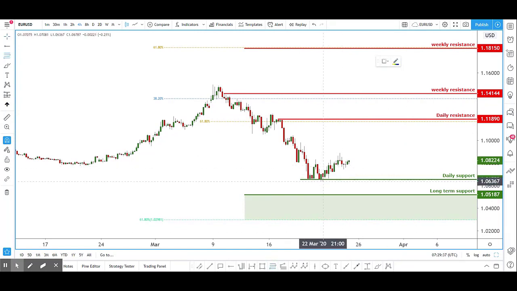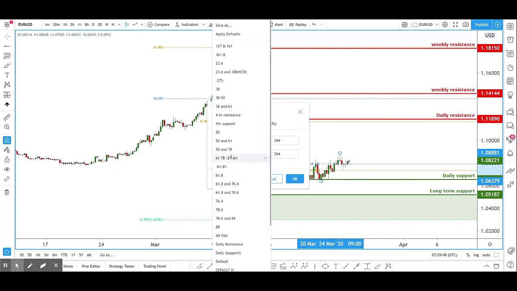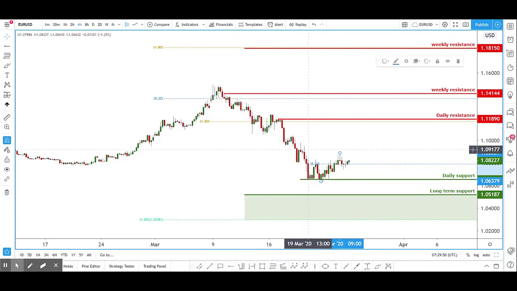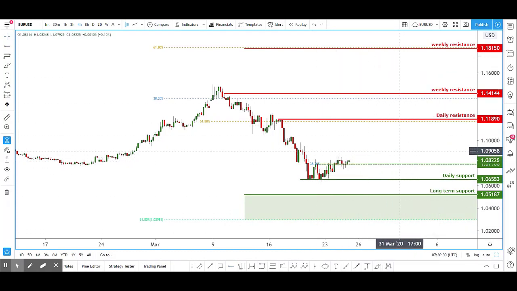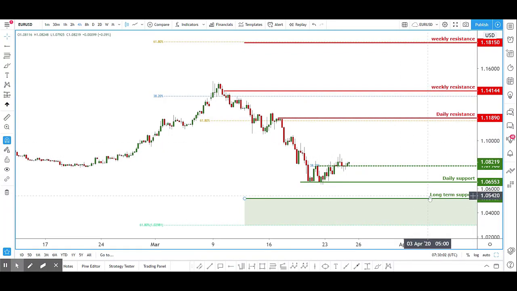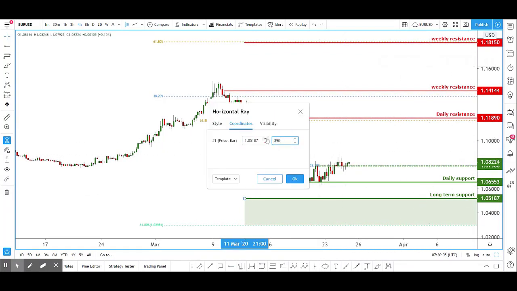I'll take a retracement to find a nice entry. I'll take a retracement from this swing low to this current swing high, and we see that price is actually hovering around a 38.2 level, right? This is quite a clean level here. Graphical overlap, and price actually tested multiple times. So this can be my intermediate support.